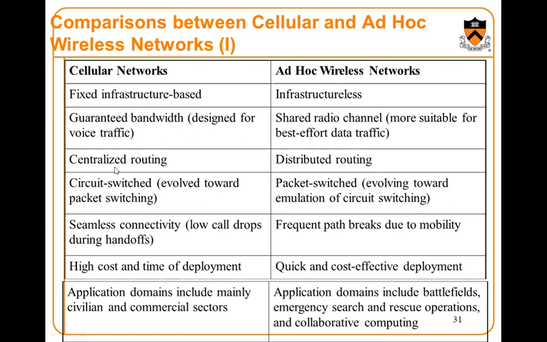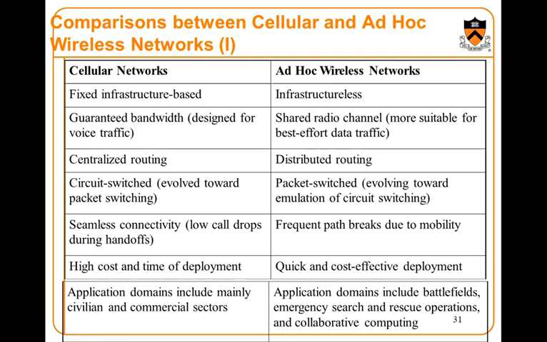The cellular network is more centralized, more controlled by the servers, while in an ad hoc network we have distributed routing, and the network by itself tries its best to deliver data through the shortest path. Now, here is circuit switching, where a connection is established before communication, while in an ad hoc network we have packet switching.